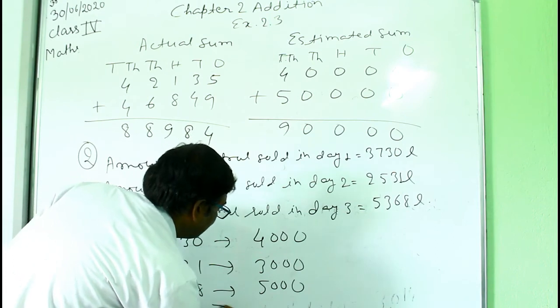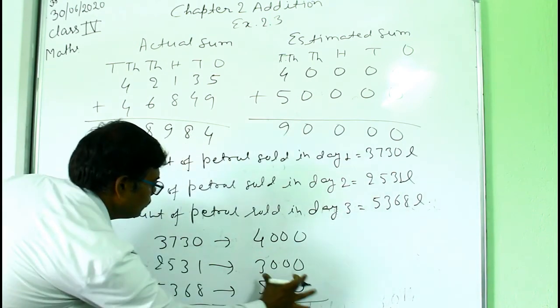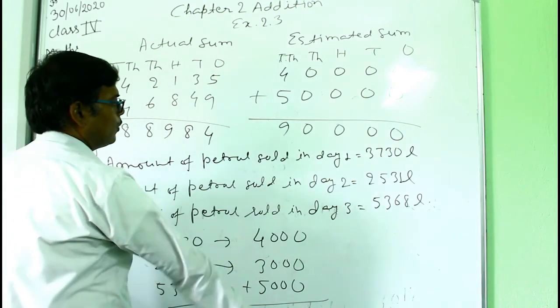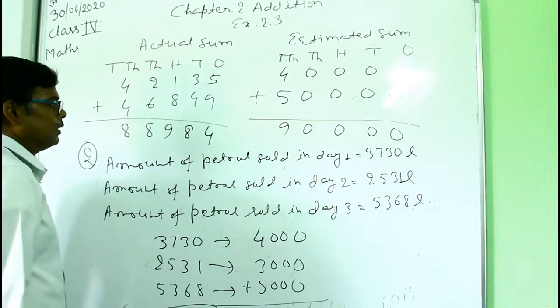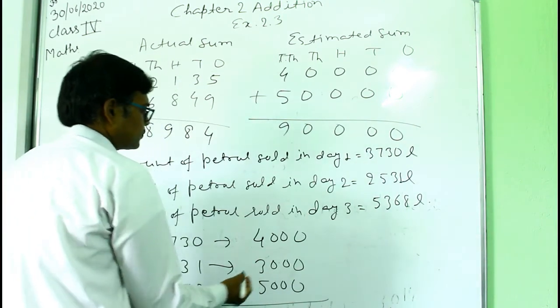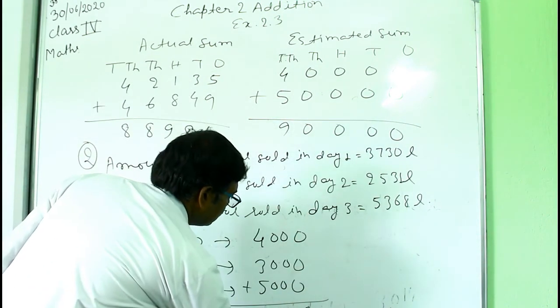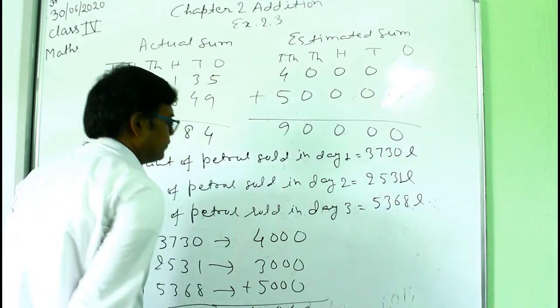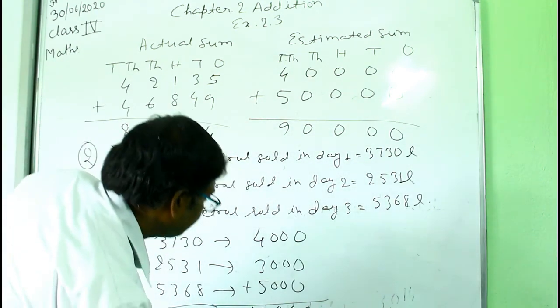Now you will add the sum. This is the estimated amount of petrol sold in day 1, day 2, and day 3. So add it, 12,000.